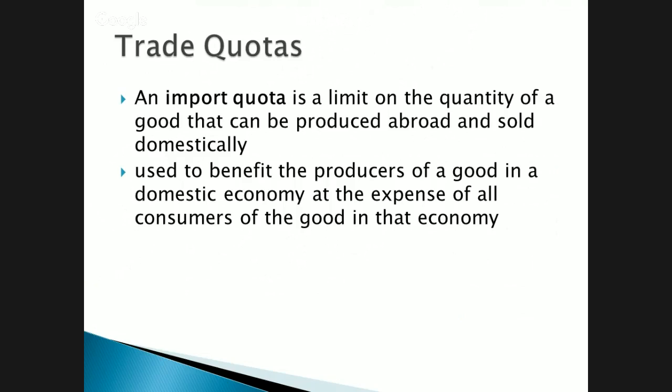So any good that can be produced locally will be protected by placing import quotas so that only a specific or a limited amount of that same good can be produced abroad and still sold domestically. So it's used to benefit the producers of a good in a domestic economy at the expense of the consumers of the good in that economy.